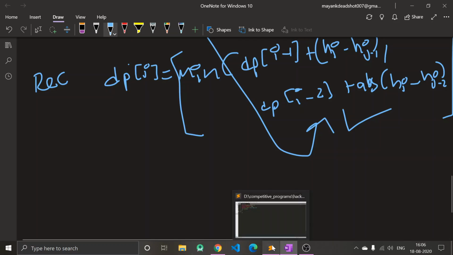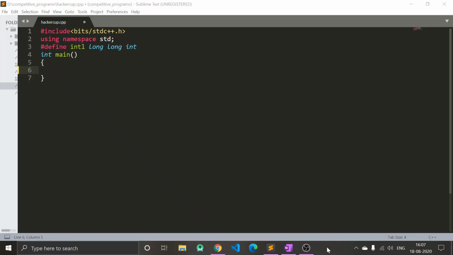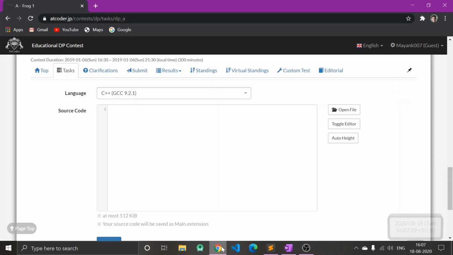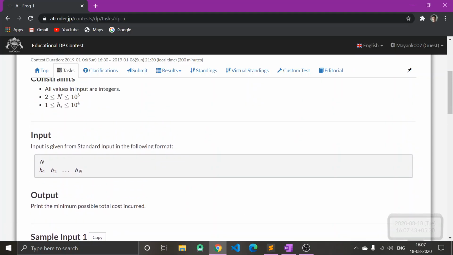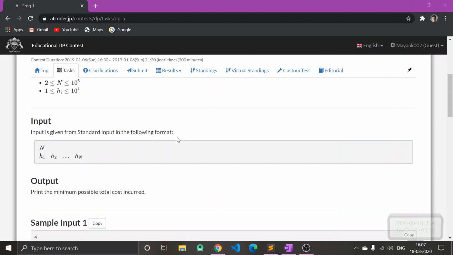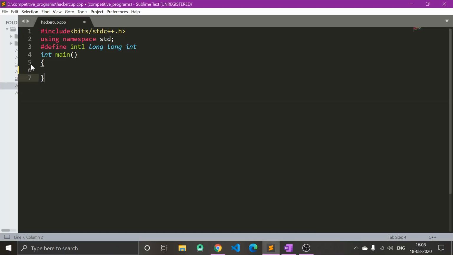So now we can code it. We will just start with taking an input. First of all, let's see what the input format is. First we have to take n as input and the heights of the stones. Let me take the input of n as long int. I am using long because n is 10 to the power 5, which is not in the integer range.